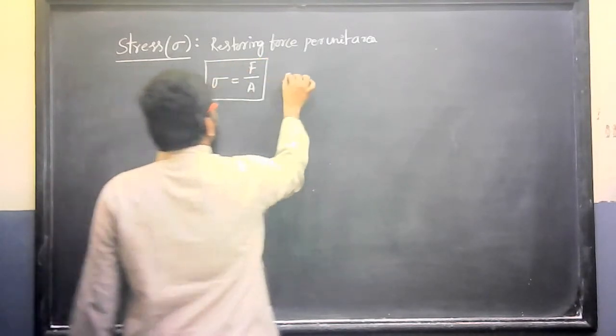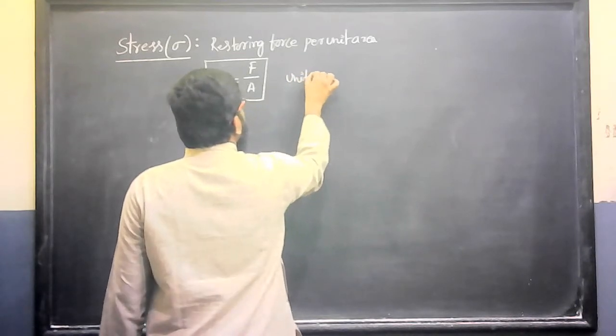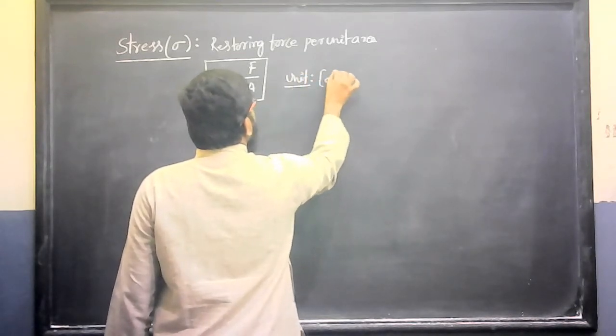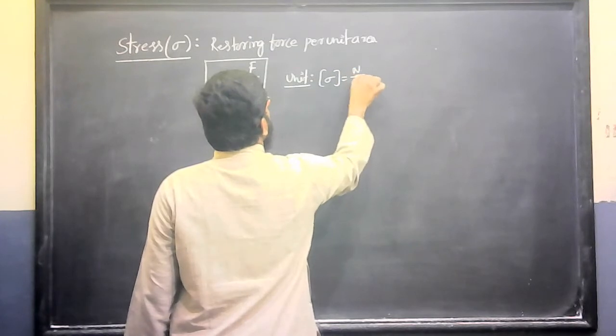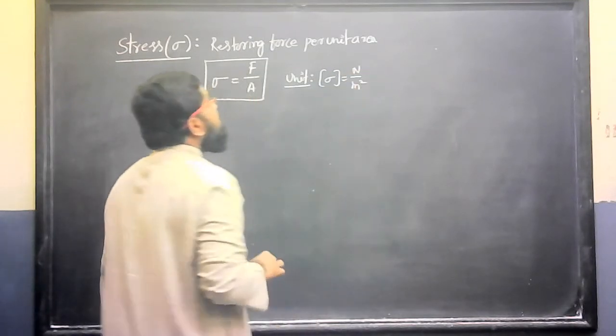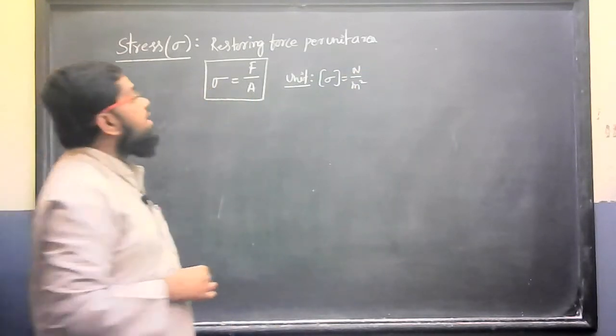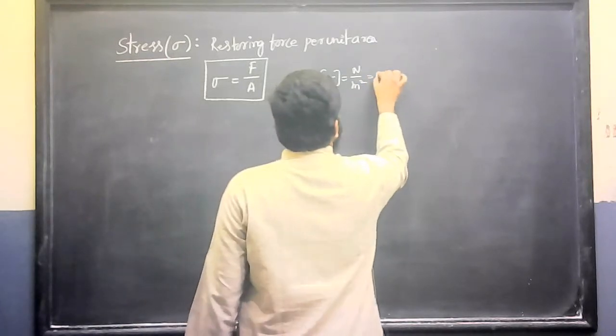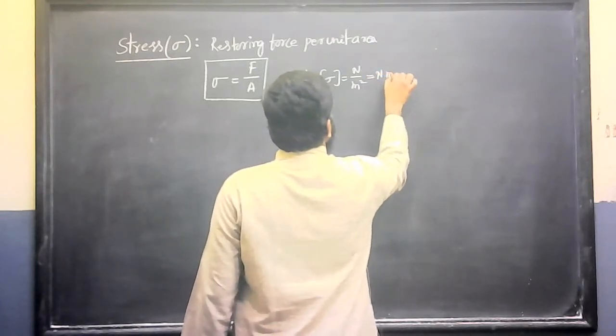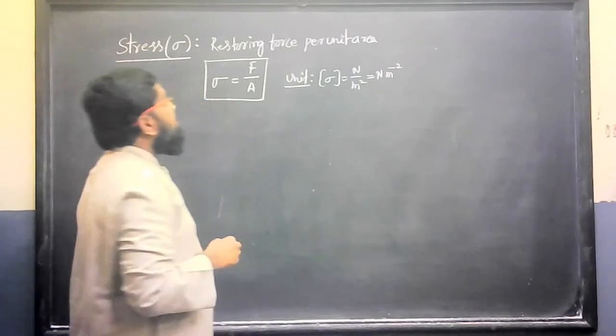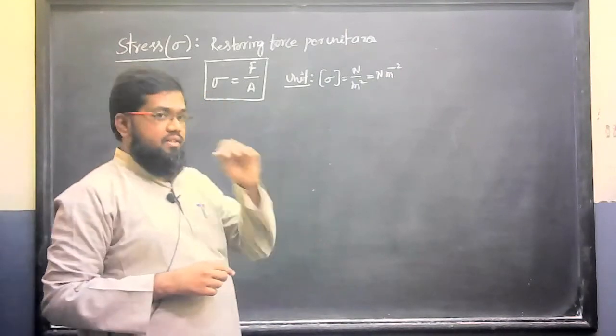So what will the SI unit be? The SI unit of sigma: force is in Newton, area is in meter square. So Newton meter power minus 2, or you can write Newton as kilogram meter per second square also.